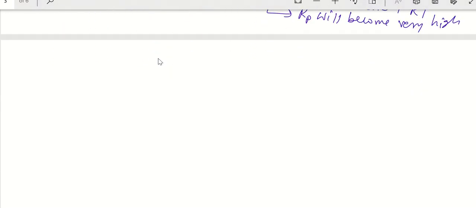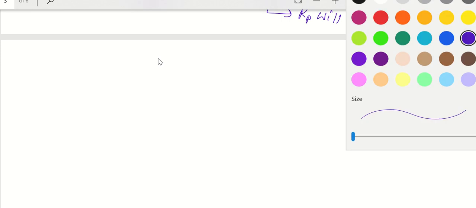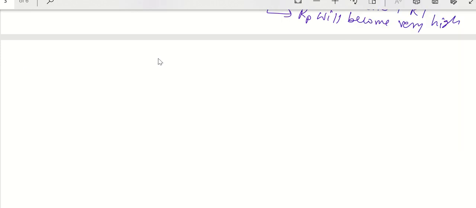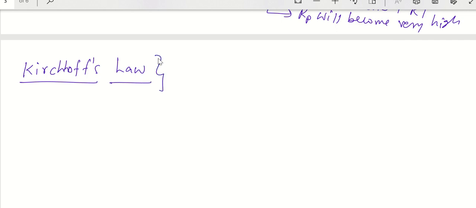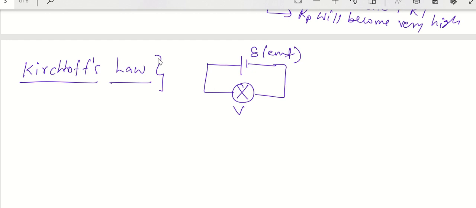Now the last part that we are going to discuss here is Kirchhoff's law, and then we are done. So there is a circuit here, and there is a bulb here, and this is the EMF, and this is the voltage the bulb is consuming.